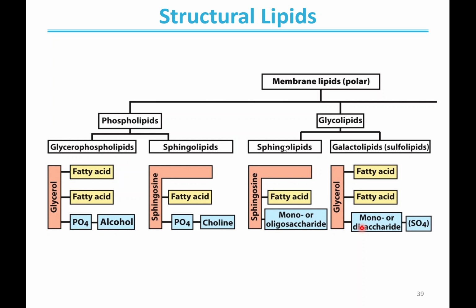You can have glycosphingolipids, where again sphingosine is your backbone, one fatty acid, and then some sort of a sugar group attached as your head group. A glycophospholipid, also referred to as galactolipids, again has glycerol as your backbone, two fatty acids, and then some sort of a sugar group attached as your head group. Primarily going forward, we're really going to be focusing on the phospholipids and not the glycolipids.